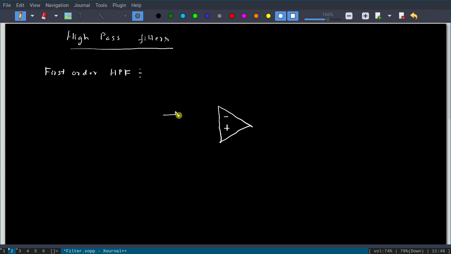So again non-inverting configuration we are considering. So this one is grounded, R1, feedback resistor RF. Now here we have to write first capacitor then resistor.